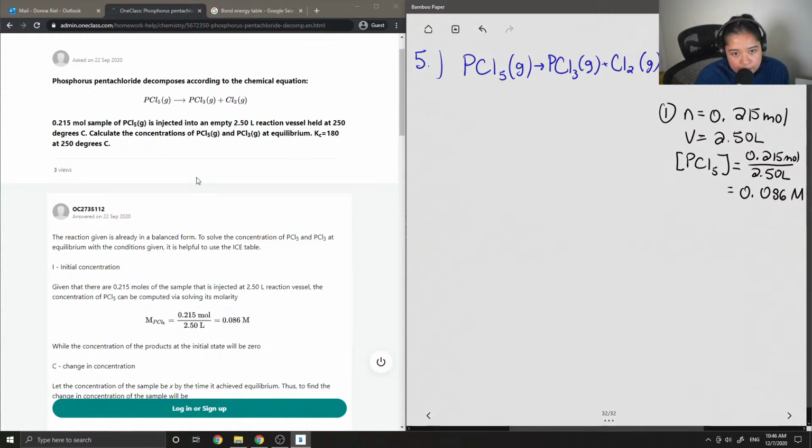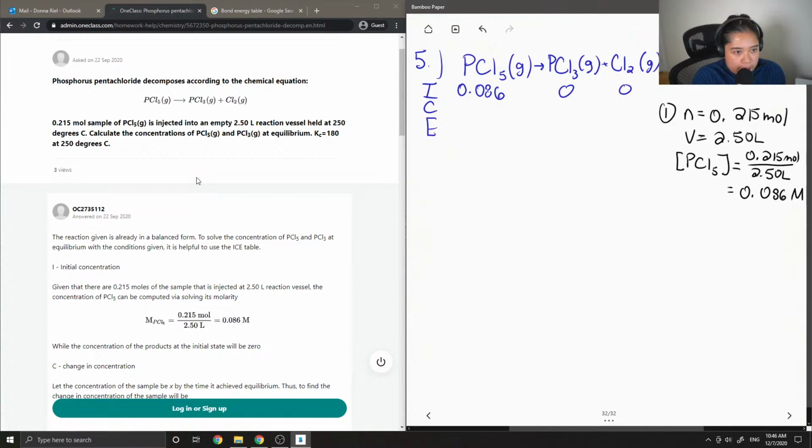Okay, so now I can construct an ICE table with the balanced equation that we have. So the initial concentration of our reactant is 0.086, and the initial concentrations of both of our products is 0, since we start off with 0 product.